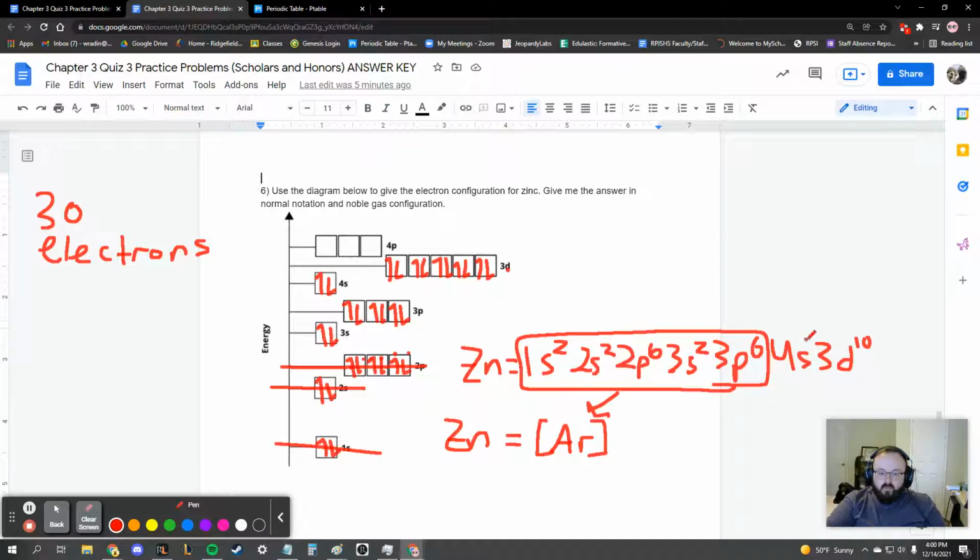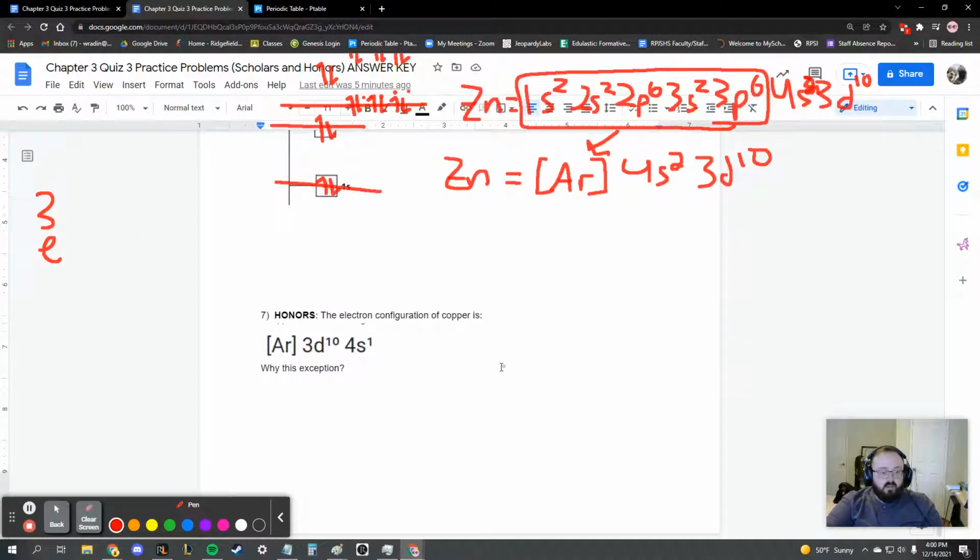And then we just have 4s2, 3d10. This is a more concise way to put this information. All right. I'm going to update the document after this with this answer. I just wanted to show you how to do it in the video.